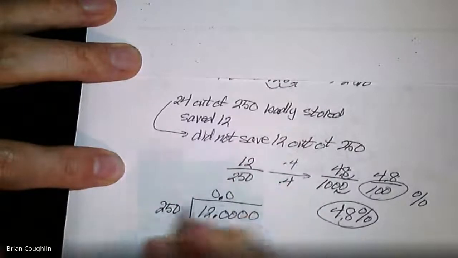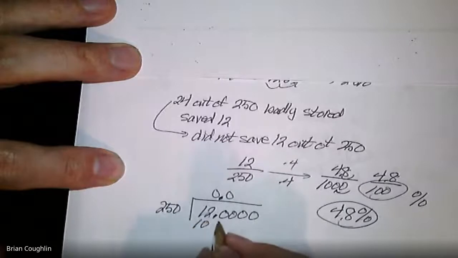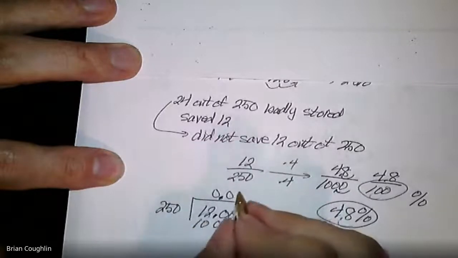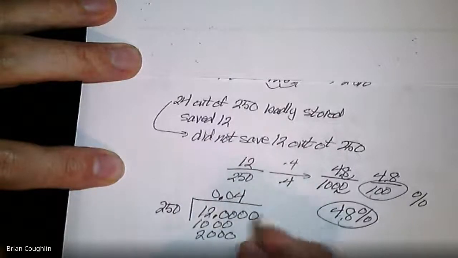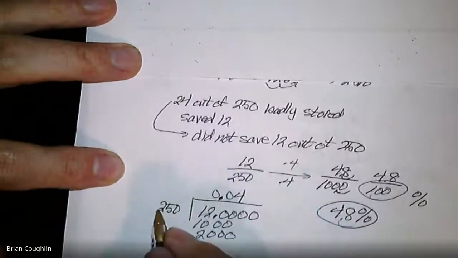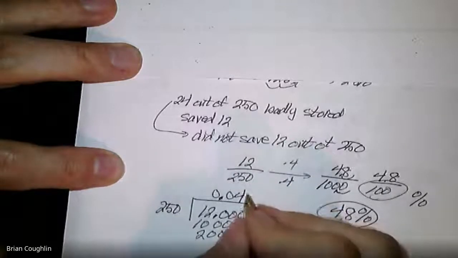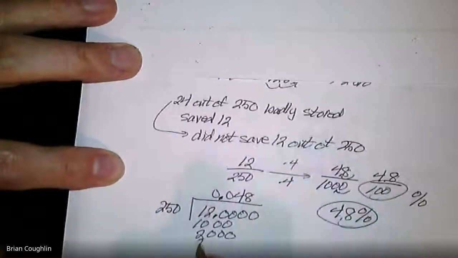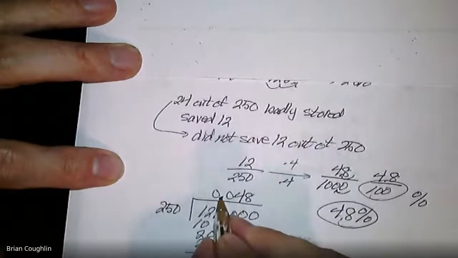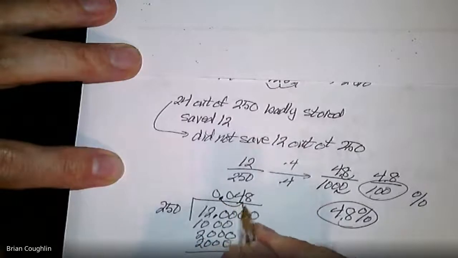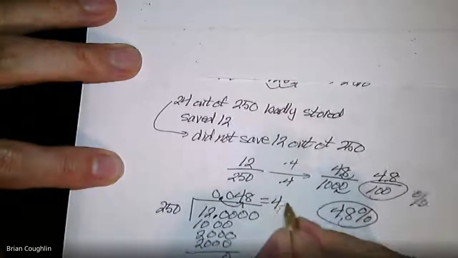It actually goes in 4 times, it'll be 1,000. And then there will be 200 left. Now carry down the 0. 250 goes into 2,000, actually goes in 8 times. And that goes in perfectly, leaving 0. So 0.048, and remember the trick? To make a percentage, you move it over 2 spaces, and sure enough, you get 4.8%.